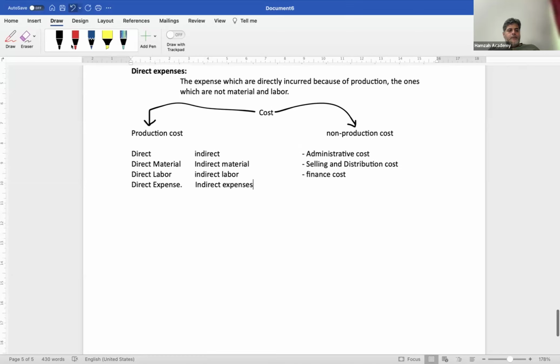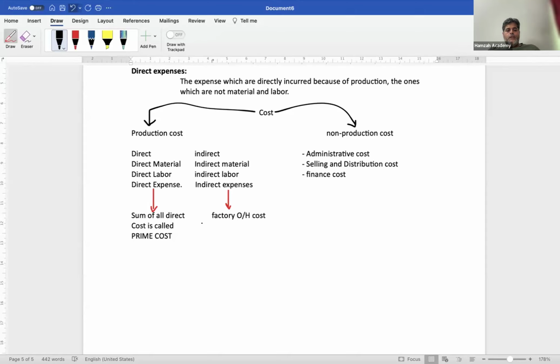Right? Now, the best thing is the direct cost that we have. The sum of all direct costs is called prime cost. And then all the indirect material, indirect labor, indirect expenses, these are called the factory overhead cost.